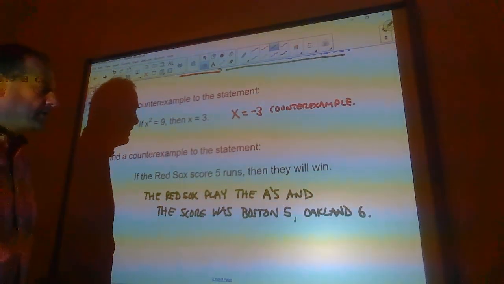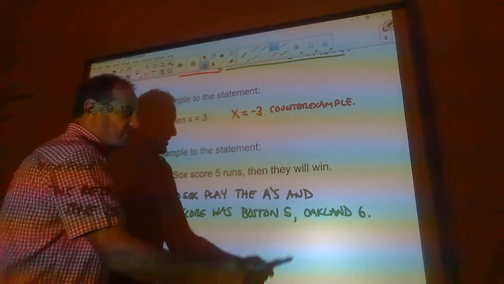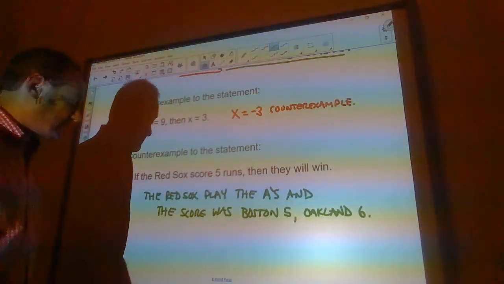So even though Boston, the Red Sox, scored 5 runs, they still lost because Oakland scored more than them.